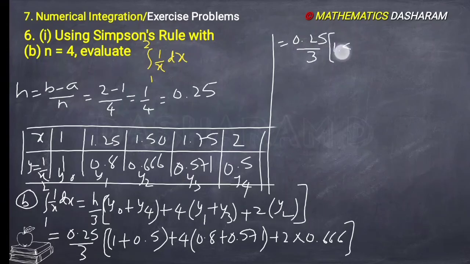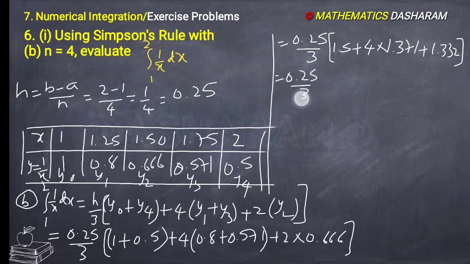In this substitute the values, so it is equal to 0.25 divided by 3 bracket of 1 plus 0.5 is 1.5, plus 4 into 0.8 plus 0.571 is 1.371, plus 2 into 0.666 is 1.332. So it is 0.25 divided by 3, 1.5 plus 4 into 1.371 is 5.484, plus 1.332.